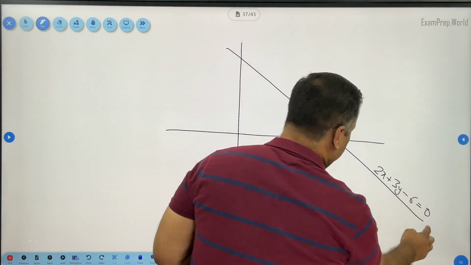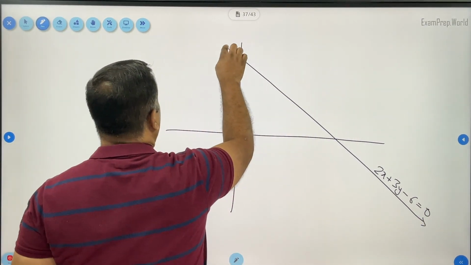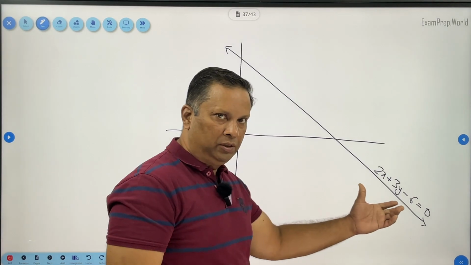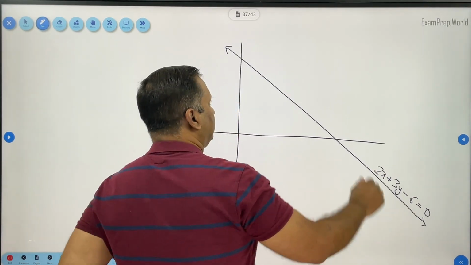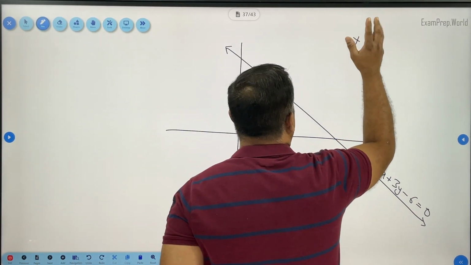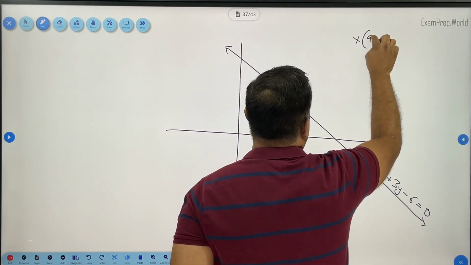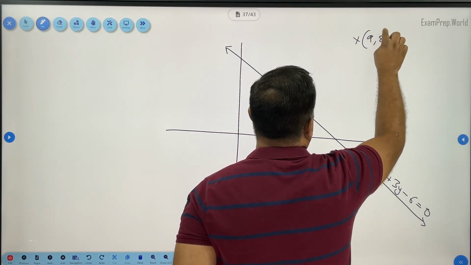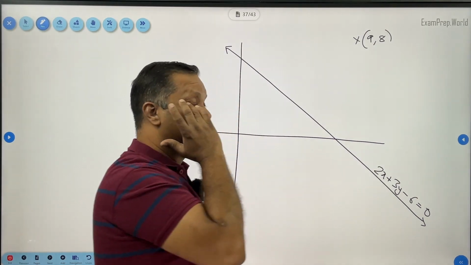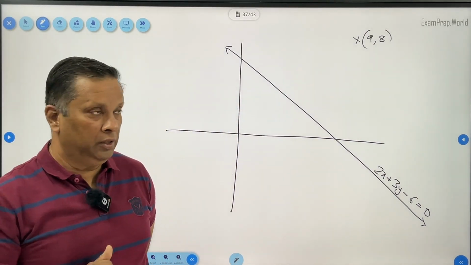So this line equation is like this. Okay, this is a line. And now we have a point here, some point which is 9, 8. This is the point, 9, 8.